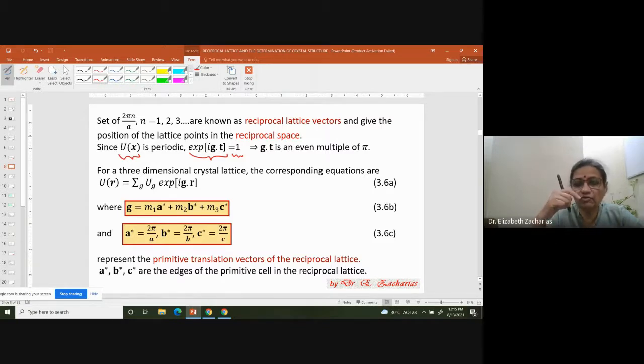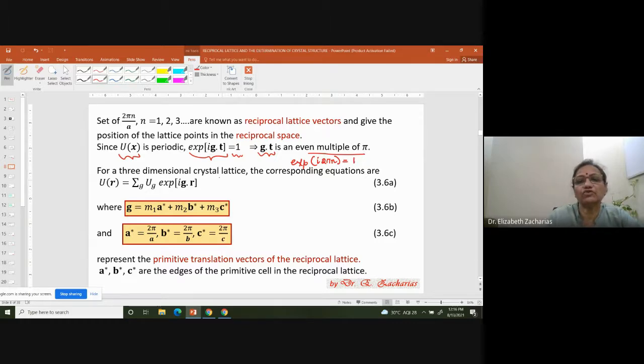G is reciprocal of length, T is length, so G dot T will not have any unit. So exponential i G dot T equal to 1 has to necessarily be true for you to have the periodicity. This means that G dot T is an even multiple of pi, because you know that exponential i 2 pi n equals 1.